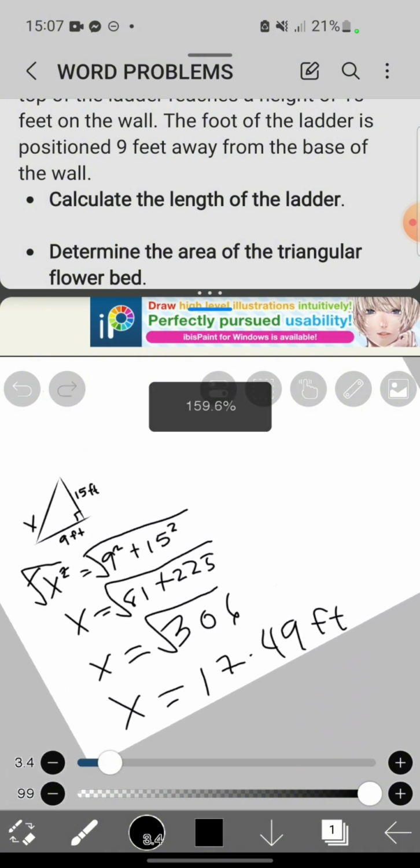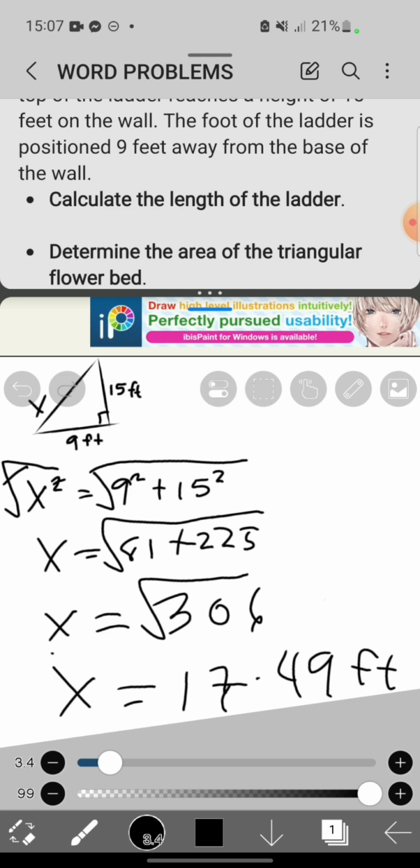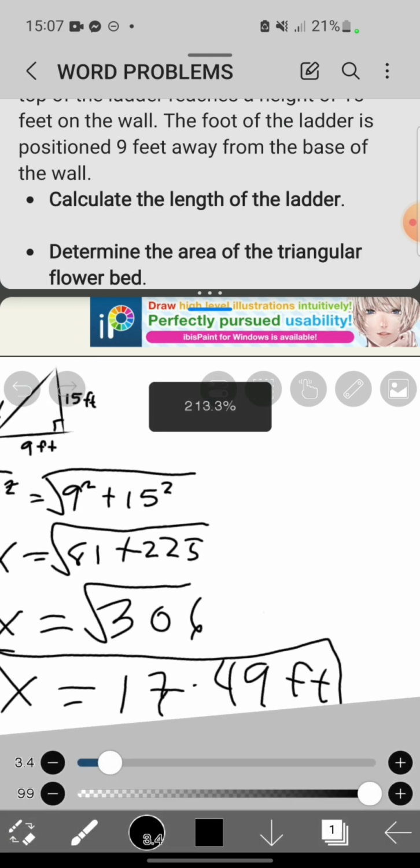So this is the answer for the first question.